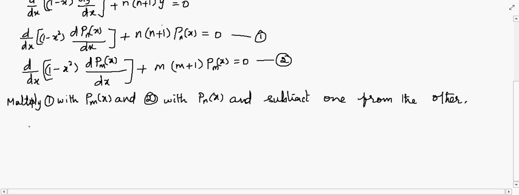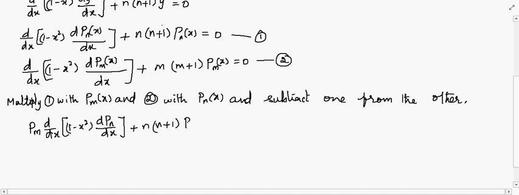That is, I am going to multiply the first equation by Pm. So, Pm d/dx of (1 - x²) dPn/dx plus n(n+1) Pn(x) Pm(x) equal to 0.